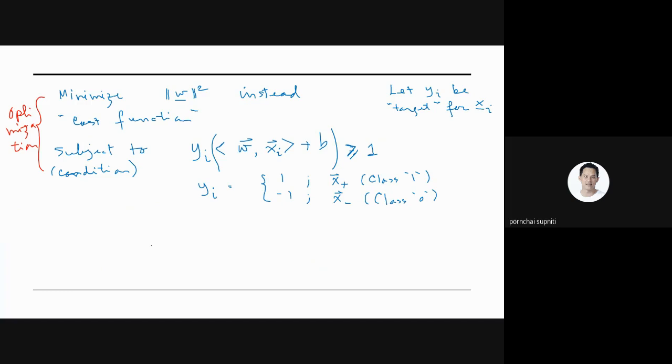So let's take a look at how to find the margin. Let's take a look at these pictures together. Let's say that we have two support vectors of class 0 and class 1. Let's say this is the support vector for class 0, and this is the support vector for class 1.